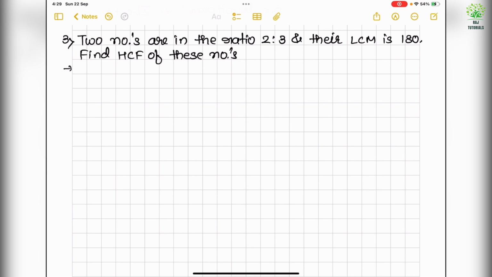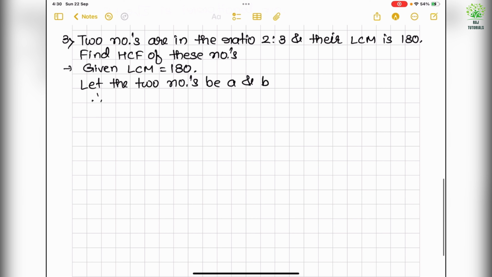Now, the next question says two numbers are in the ratio 2:3 and their LCM is 180. Find the HCF of these numbers. So, given LCM equal to 180, now let the two numbers be A and B. Therefore, A is to B equal to 2:3.